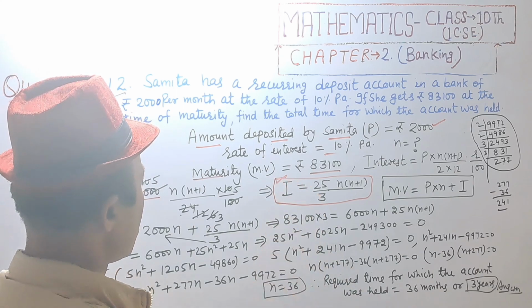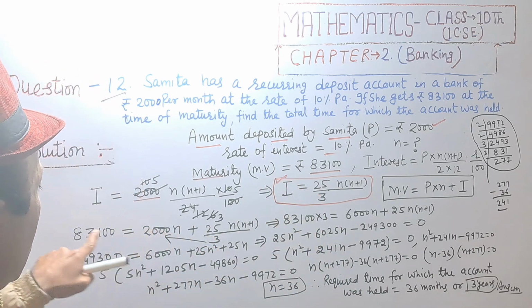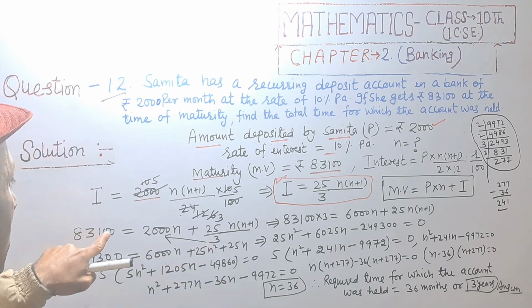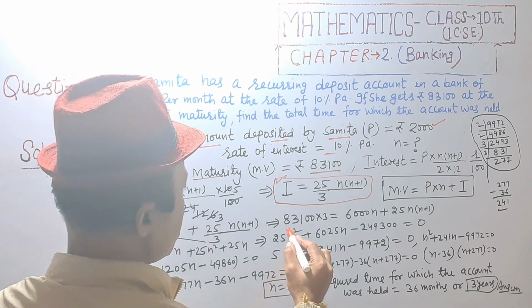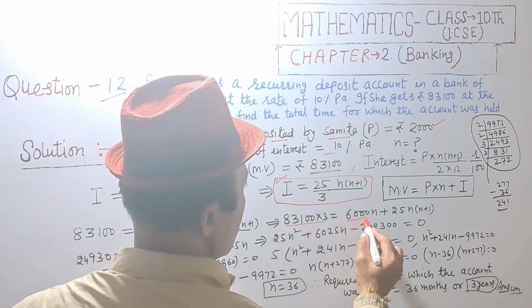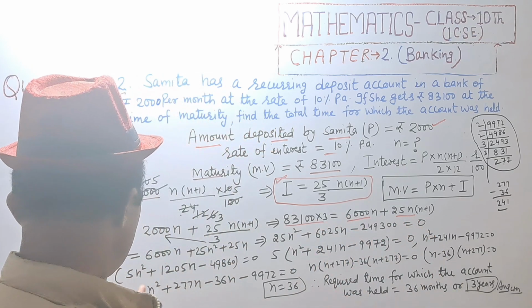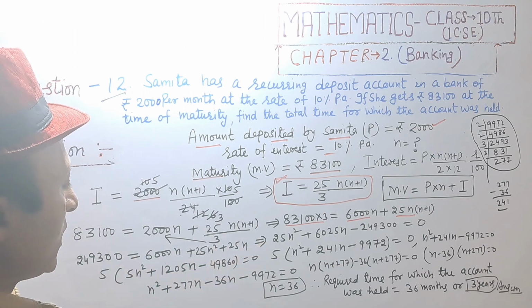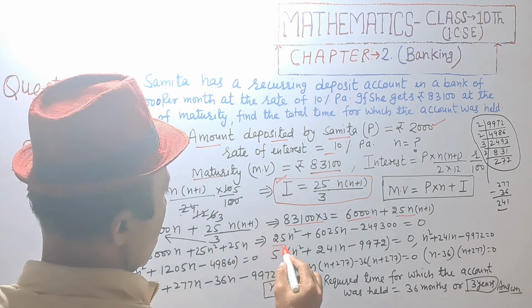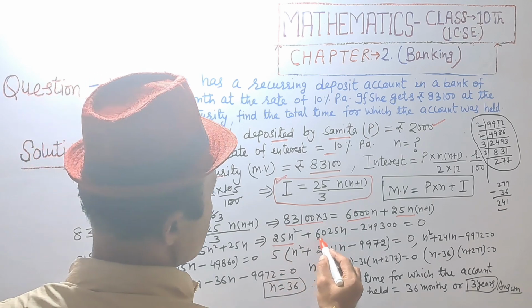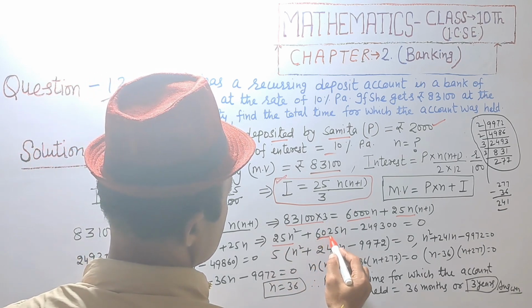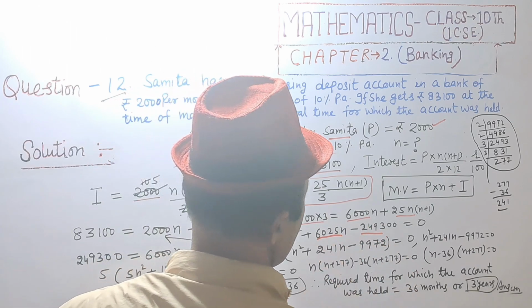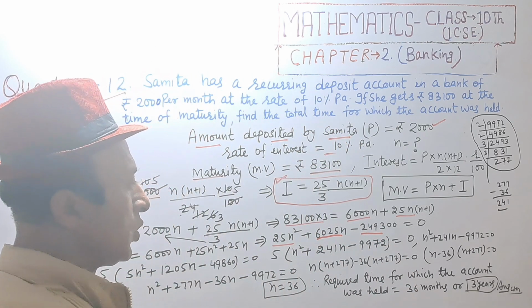Multiplying by 3, 3 multiplying by 83,100, we get a quadratic equation, that is 25n square plus 6025n minus 249300 equal to 0.